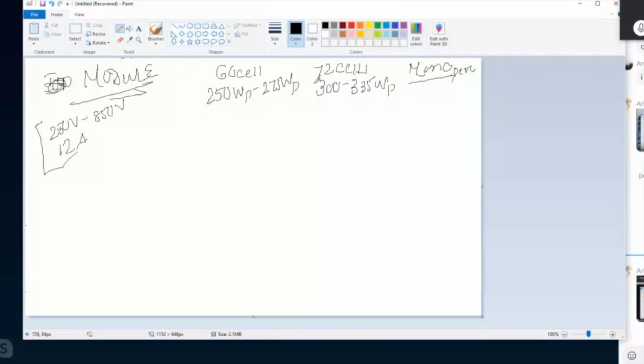These 60 and 72 cell modules are polycrystalline. Mono PERC starts from 350 watt peak and goes up to 400 watt peak, depending upon manufacturer. Okay, so here we can take any one. Generally we take the 72 cell, considering the efficiency of 72.